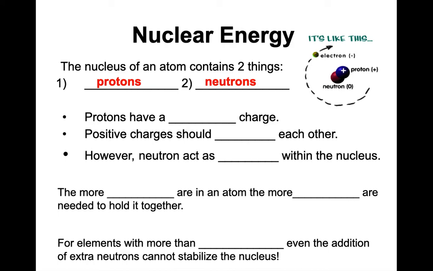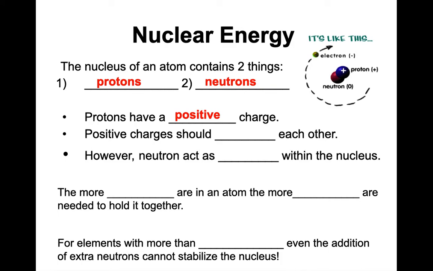Protons, they have a positive charge. And so from what you know probably about like charges, just like magnets, for example, if you put the two south poles of a magnet together, what happens to them? They repel each other. If you put the north and south poles together, they attract each other.